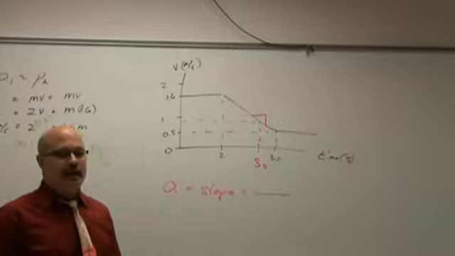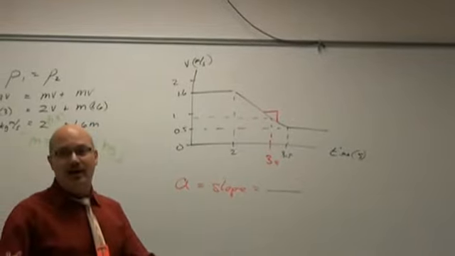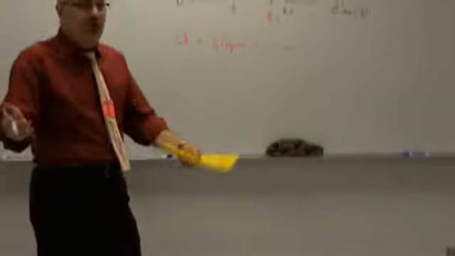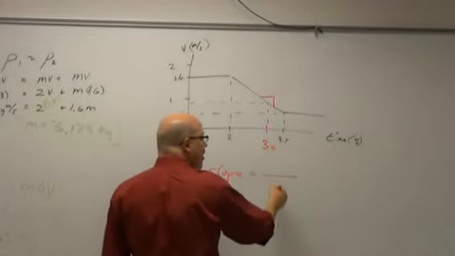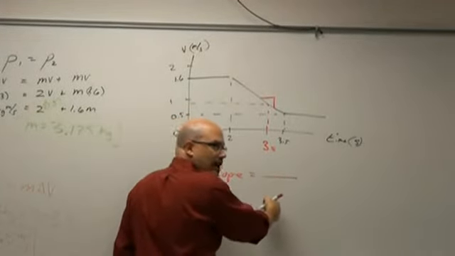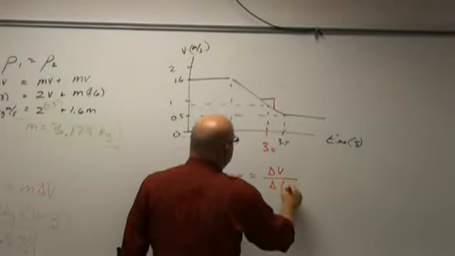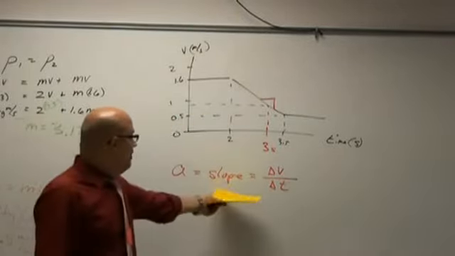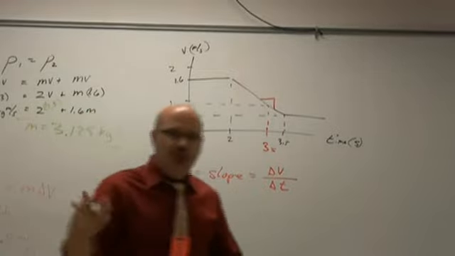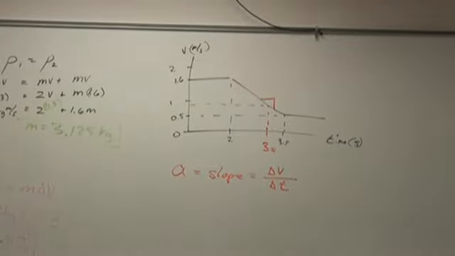You won't get full credit. I know it's an easy thing for you to find. Slope is pretty straightforward. But show some work. At least say it's rise over run or something. Delta V over delta T or something. Or say it's the slope. You need to show something. And when they say calculate, show your numbers that you're using. Okay?